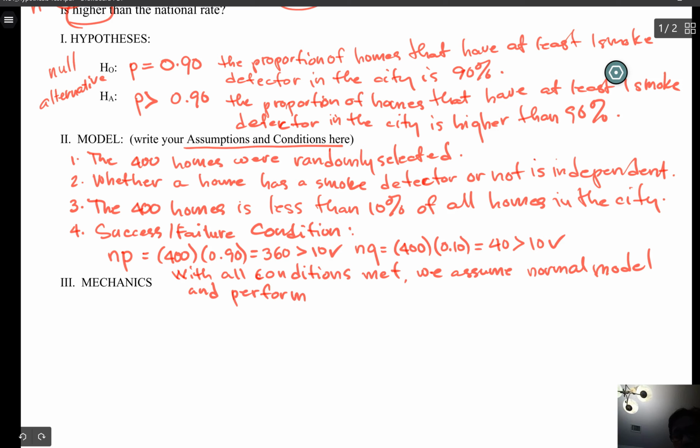We are going to be doing a 1 proportion z test. Remember, we say z test because for the normal model, we use these z scores. So we are going to do a 1 proportion z test.